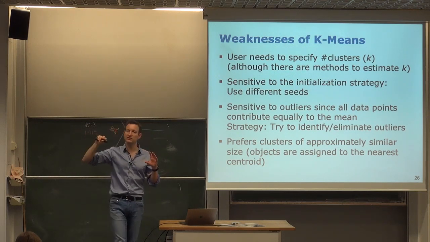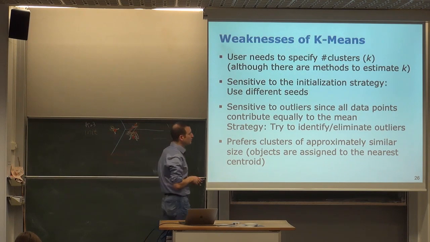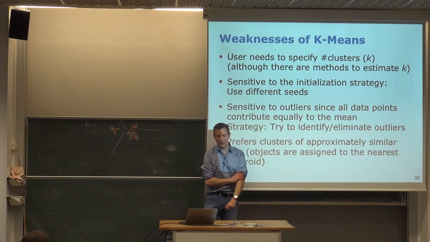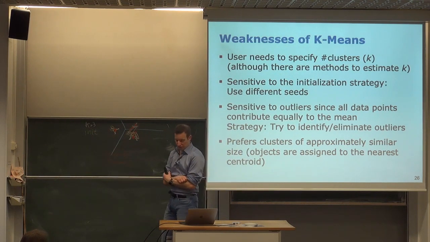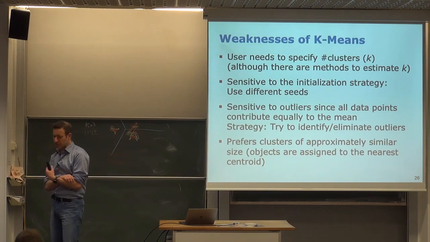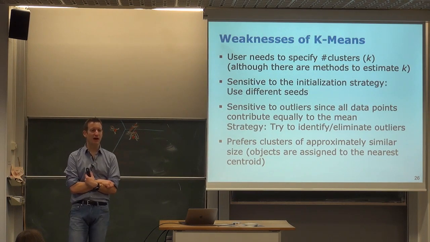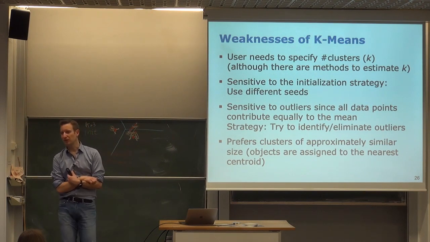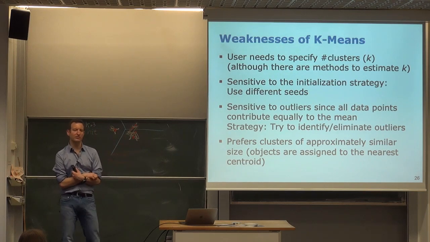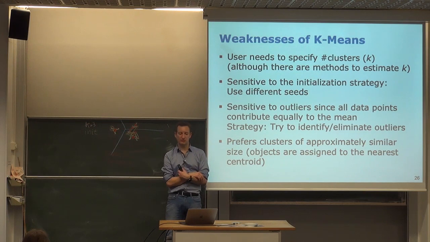So you get suboptimal estimates for your centroids. So k-means is sensitive to outliers, and you need to have techniques to identify outliers or clean your data from outliers. Otherwise, the results will be suboptimal. So if you have outliers in your data or are afraid of having outliers, k-means may not be the best choice.